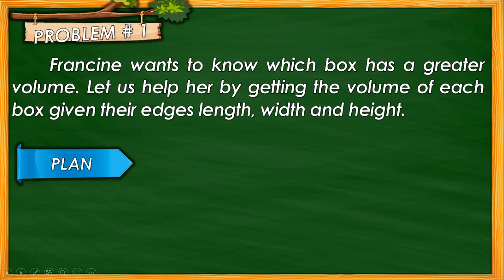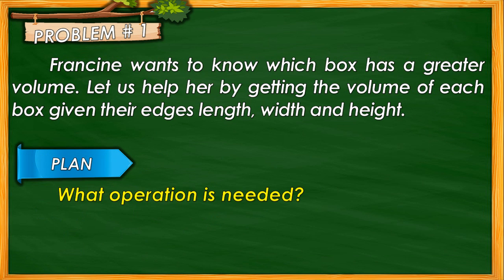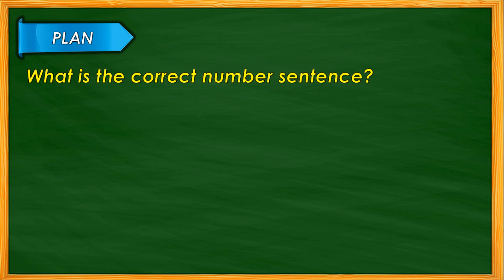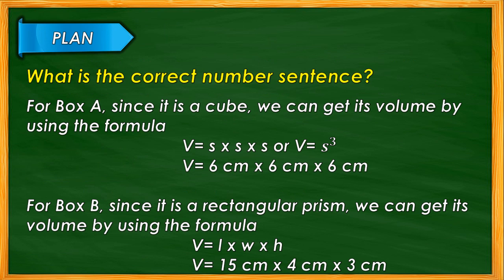And then we're going to plan what operation is needed. Multiplication. And then, what is the correct number sentence? For box letter A, since it's a cube, we can get its volume by using the formula.